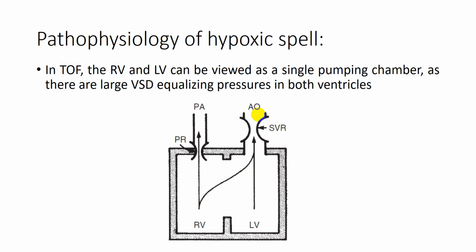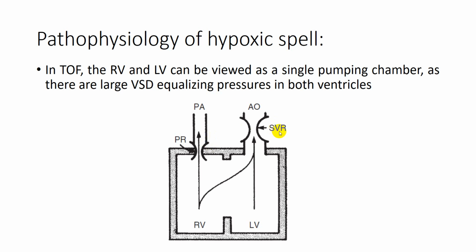It could include spasm in the right ventricular outflow tract, increased oxygen consumption because of crying, anxiety, or pain, and decreased volume, peripheral vasodilatation, dehydration, or stressful condition. All these precipitate the state of hypoxic or hypercyanotic spell.